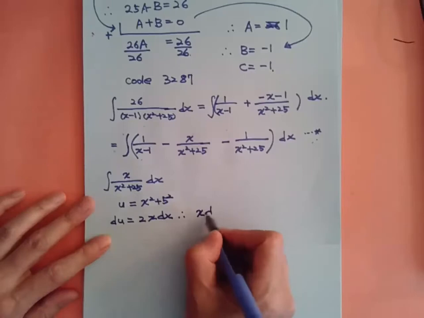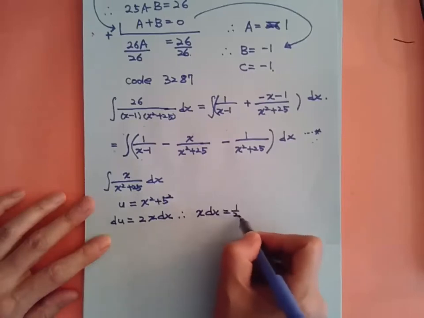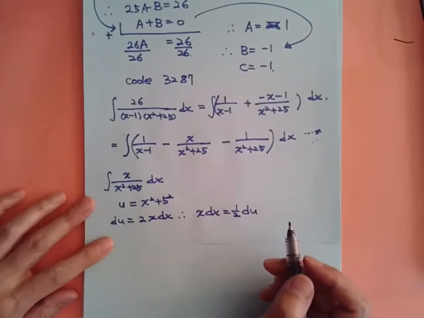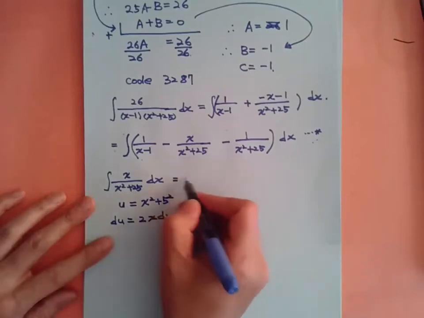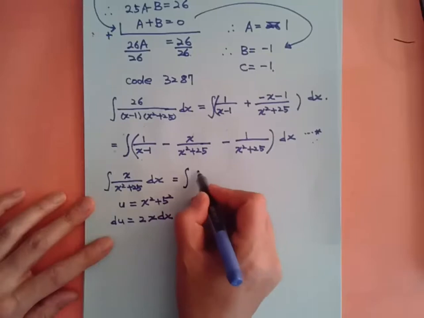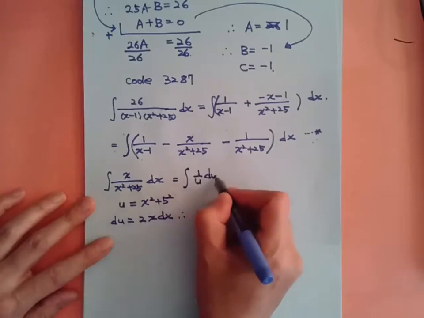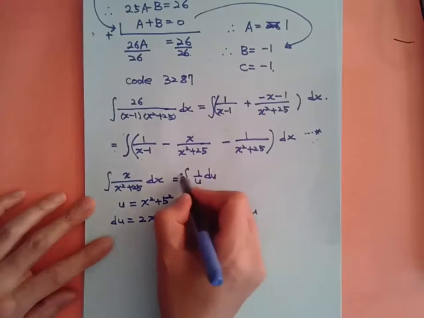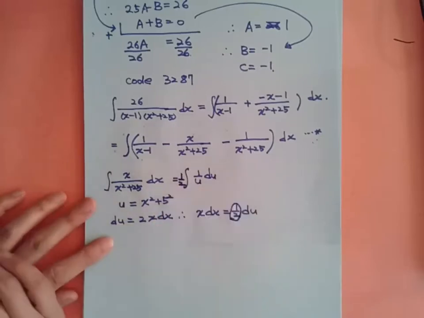So x dx equals 1 over 2 du, right? So we can rewrite that as the integral of 1 over u, with x dx being 1 over 2 du, so I will write 1 over 2 here.